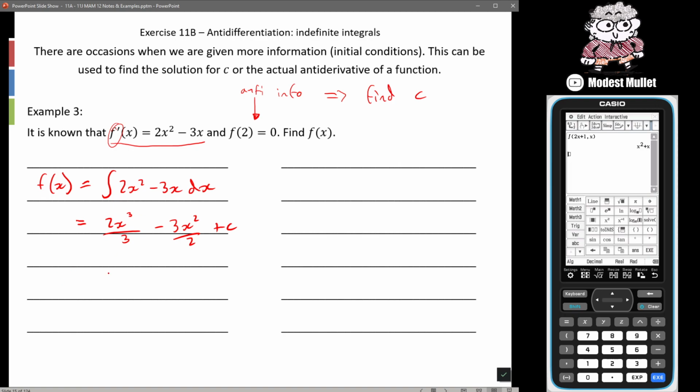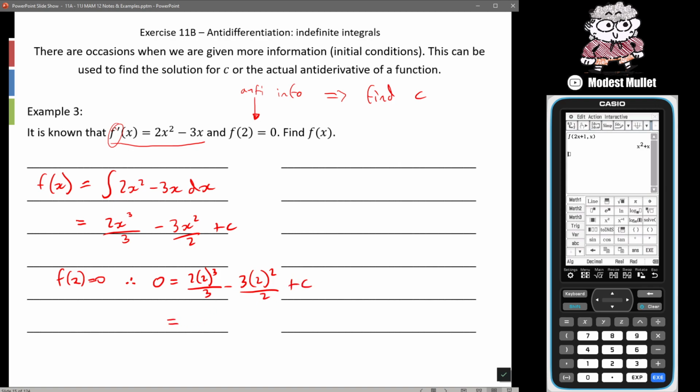And we're told that f of 2 is equal to 0, therefore 0 must be equal to, and we substitute in 2, so we get 2 to the 3 on 3 minus 3, 2 squared on 2 plus c.